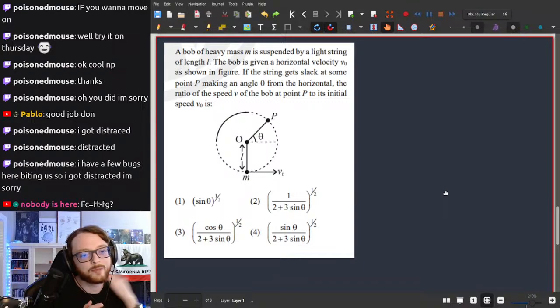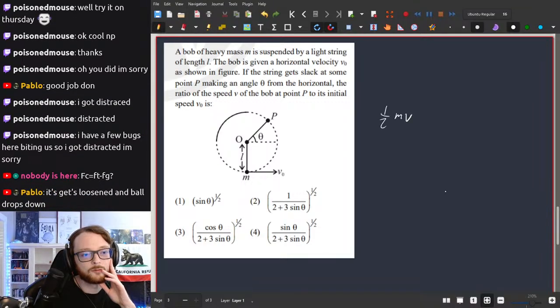I'm a little bit taken aback by I don't know what the string getting slack means. Like in terms of the physics. I want to just use energy though.